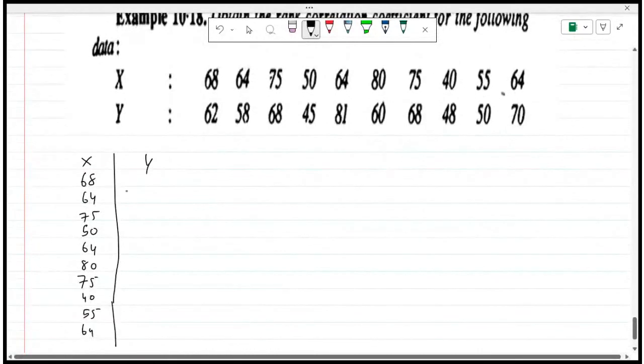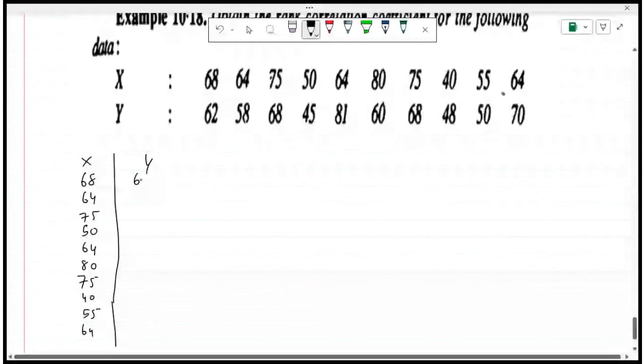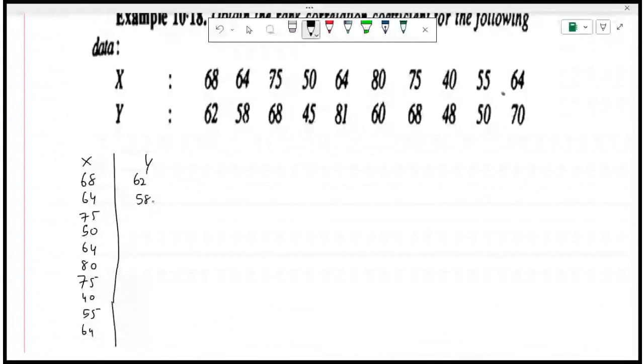Now we will write the y values. Y values are 62, 58, 68, 45, 81, 60, 68, 48, 50, and 70.